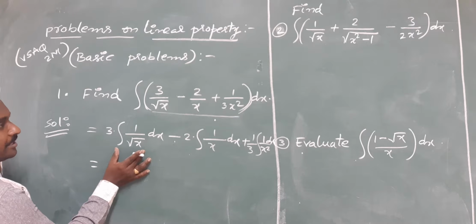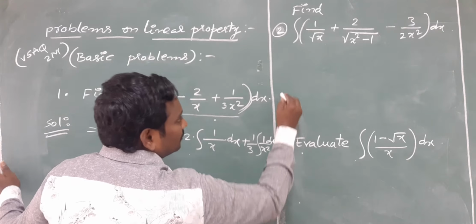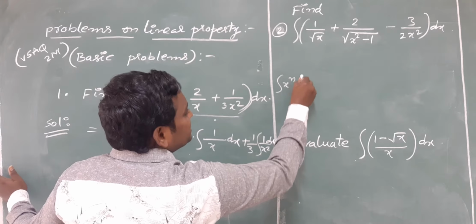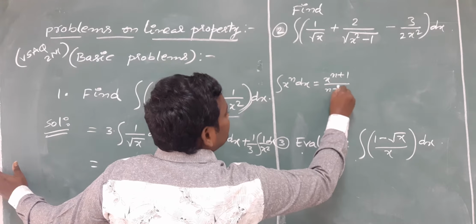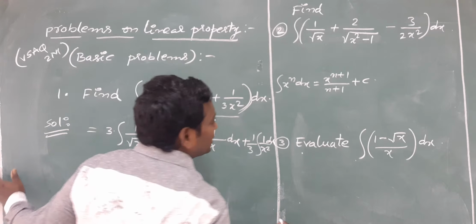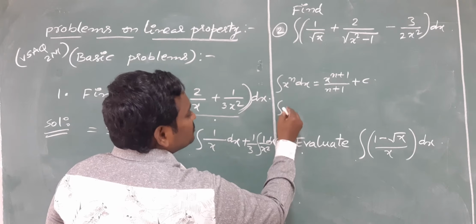Now what about integration of 1 by root x dx? See one formula here. We have the power formula, which is integral x power n dx, which is x power n plus 1 by n plus 1 plus c. Put n is equal to minus 1 by 2.